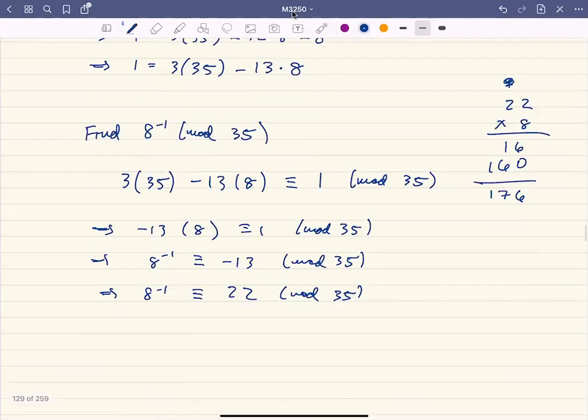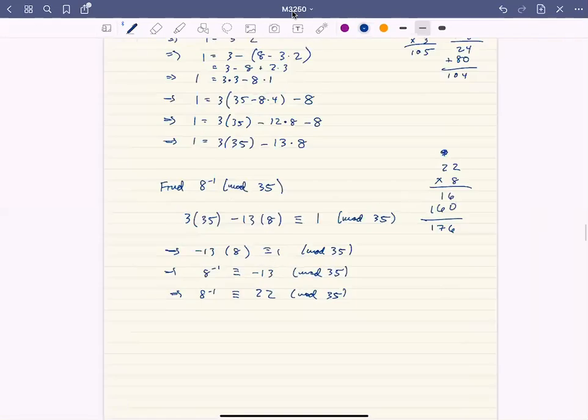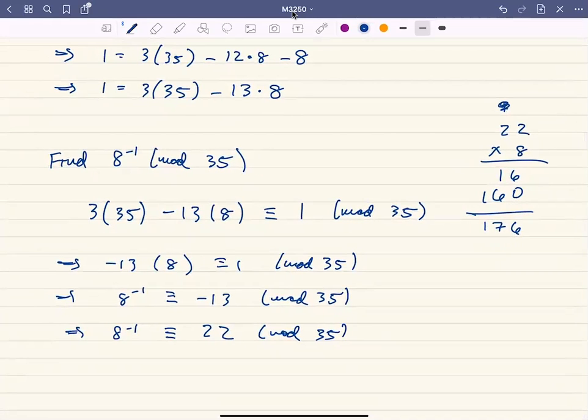And then let's go back and let's think of 176 in terms of multiples of 35. So we know that 105 is a multiple of 35, so we can subtract 105, and that gives us 71, and then we can subtract 70. So what I'm doing is I'm subtracting multiples of 35 because I know that I can add or subtract any multiple of 35 as many times as I want, and then that'll respect the equivalency class mod 35.